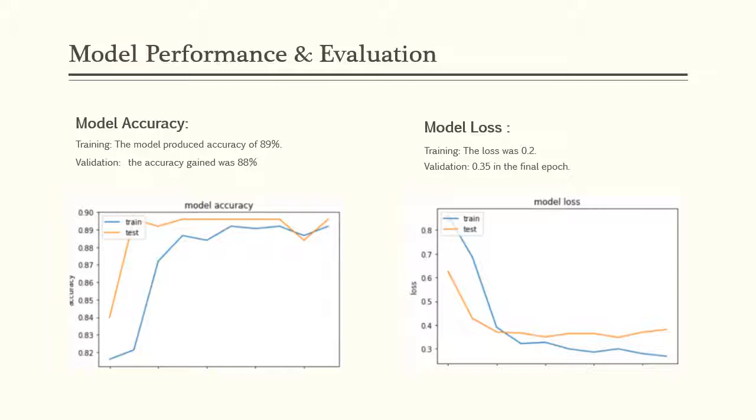On the other hand, talking about the model loss, for the training data during the first epoch, the loss was around 0.9, reducing gradually to 0.2 in the final iteration, whereas for the testing set during the first iteration, the loss was around 0.67, which gradually came down to 0.35 in the final epoch. Thus, we could infer that the overall loss was inversely proportional to the number of iterations.